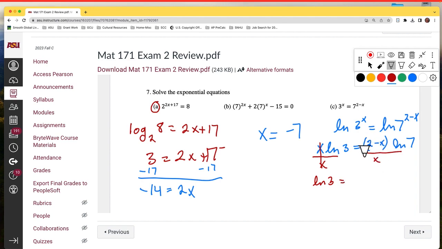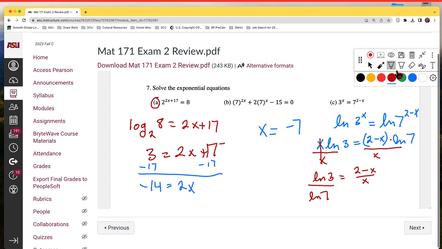Since these two things are multiplied, I'm going to divide, and this becomes 2 minus x over x, natural log of 7. Divide both sides by natural log of 7. When we divide it here, this becomes 1. To save myself some room, I'm going to erase this. Natural log of 7 divided by natural log of 7, right? So that's 1.